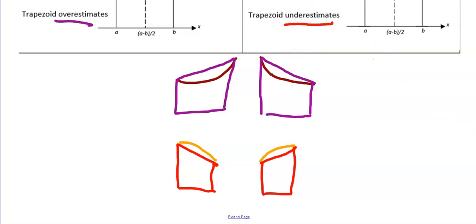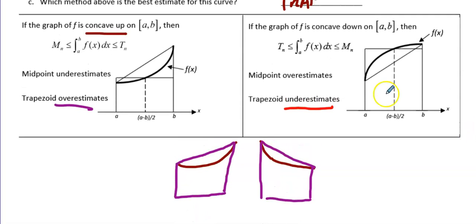And then I always tell the students that the midpoint is going to be the other one. Just like when we're strictly increasing, the left Riemann sum is going to be an under and the right Riemann sum is going to be over. Well, if a trapezoid is an overestimate, then the midpoint's going to be an underestimate.